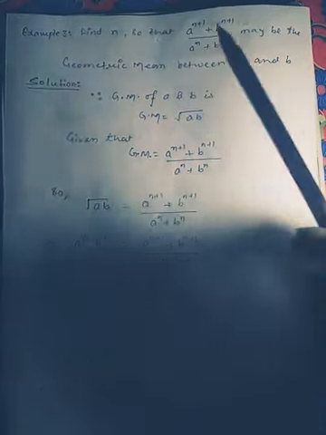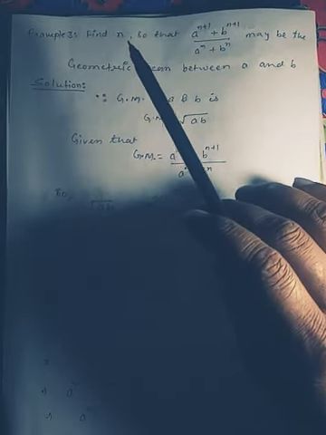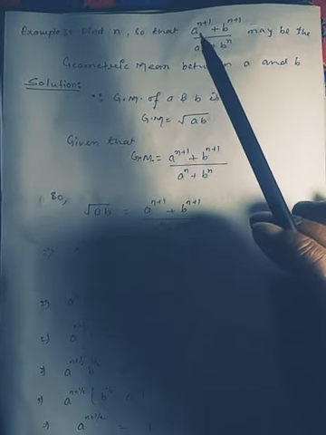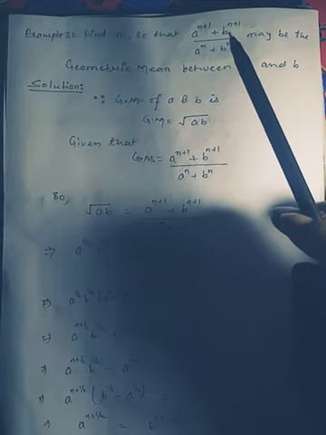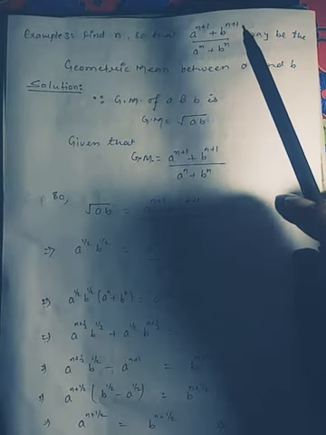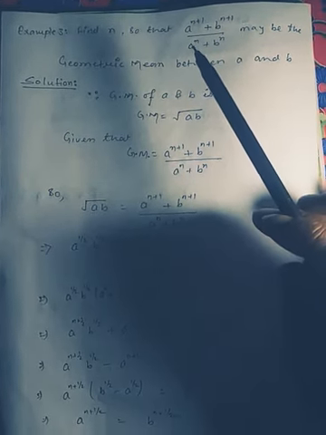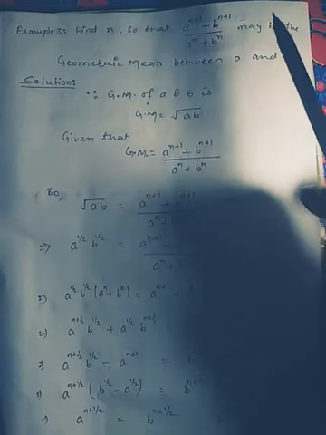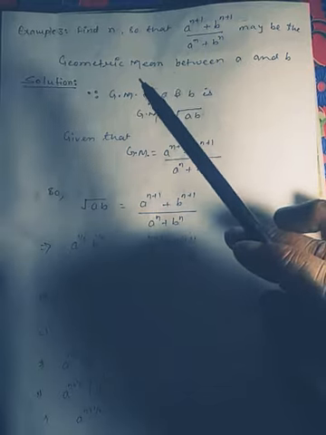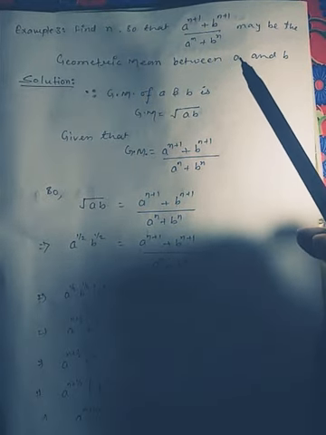Example 3: find n and show that (a^(n+1) + b^(n+1)) divided by (a^n + b^n) may be the geometric mean between a and b.